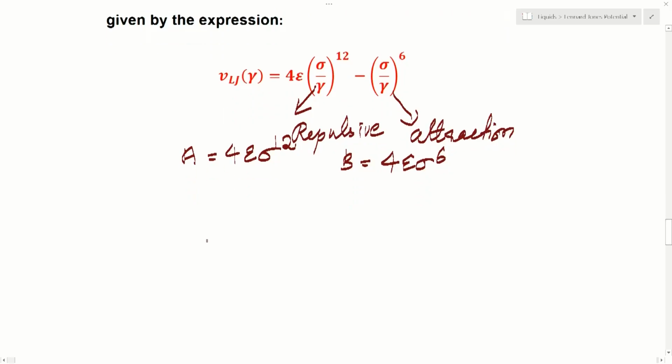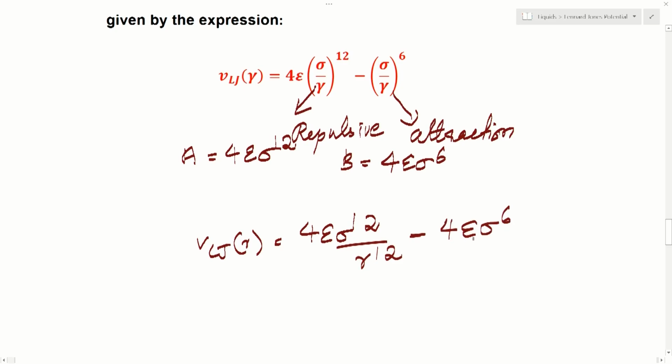That is V_LJ(r) is equal to 4 epsilon sigma power 12 divided by r power 12 minus 4 epsilon sigma power 6 divided by r power 6.